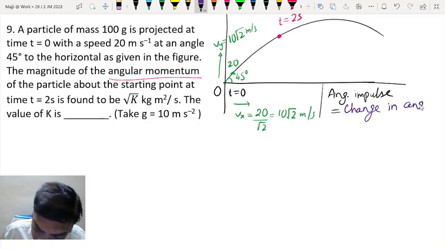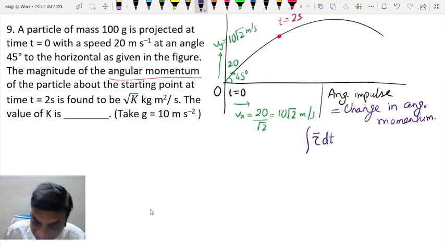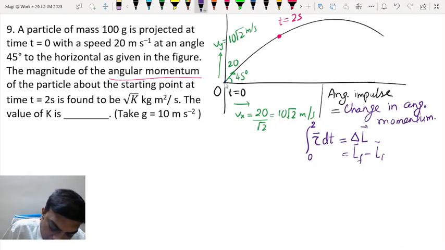Now angular impulse is tau dt integrated between, let us say, 0 to 2 seconds here. So this will give you the change in angular momentum, which is equal to final angular momentum minus initial angular momentum. As you can see, about the point of projection, initial angular momentum is 0 because it is projected from that point itself.